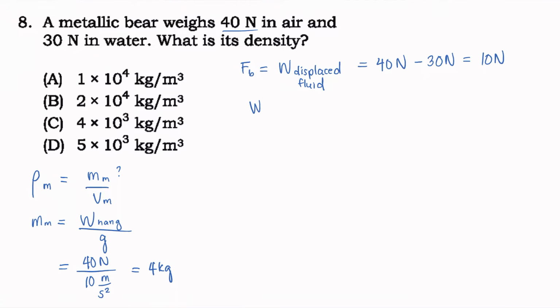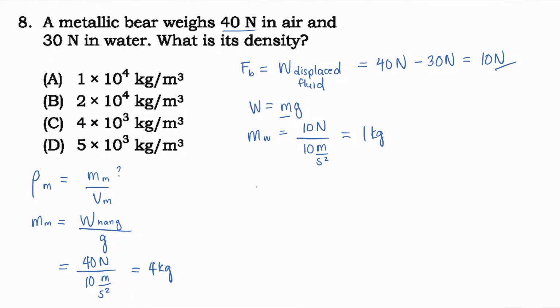Since alam natin yung weight is equal to mass times gravity, makukuha na natin yung mass. Mass ng displaced fluid or ng water is equal to yung weight, which is 10 Newton over gravity na 10 meters per second squared, which is equal to 1 kilogram.